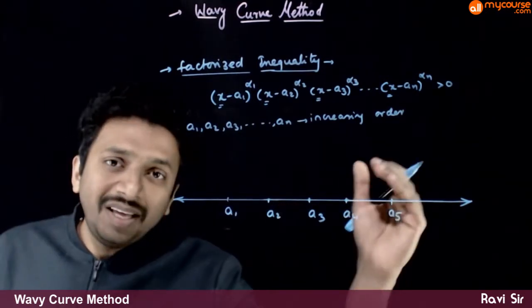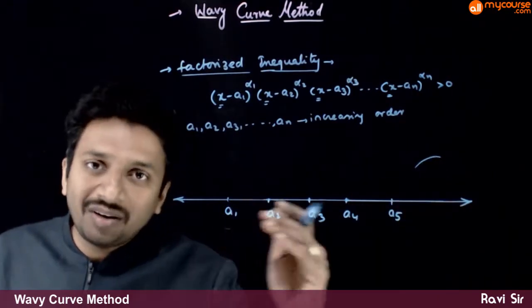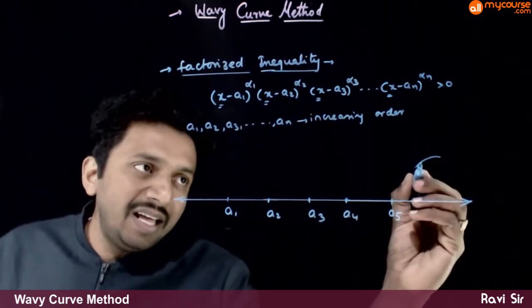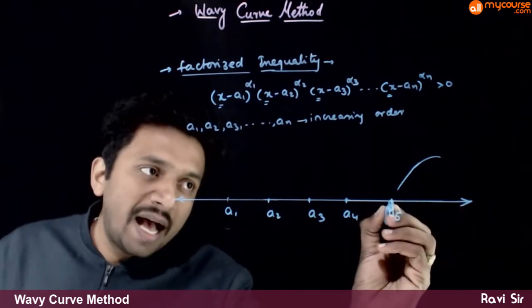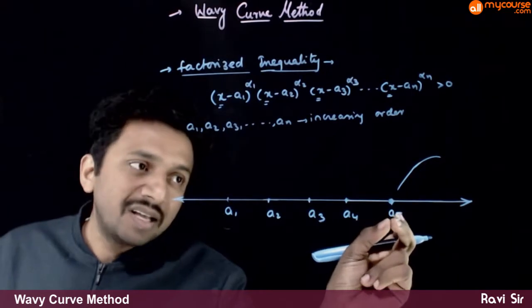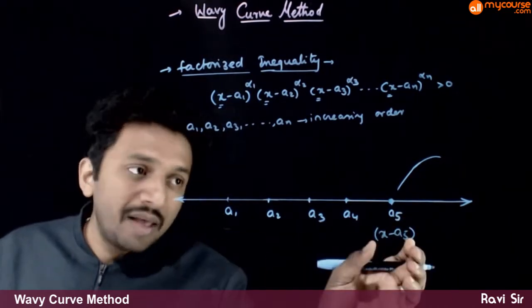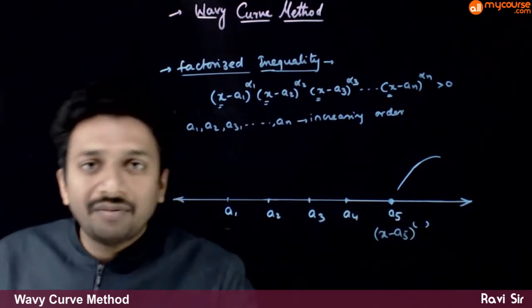Now on the rightmost part, you start from above the real line. At each point, if you are checking at A5, corresponding to the factor x minus A5, you have to check the power of this factor.